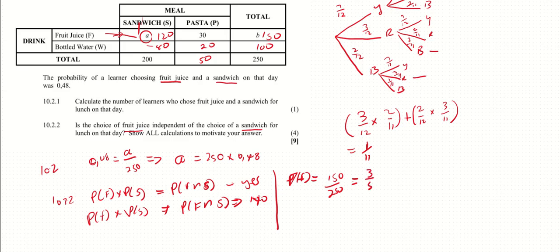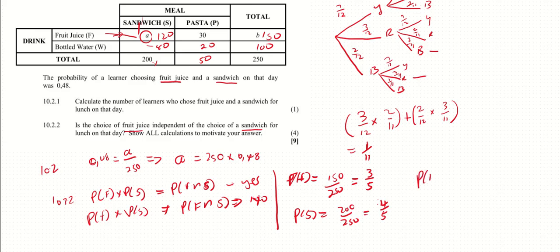The probability of sandwich is 200 over 250, which makes it 4 over 5.